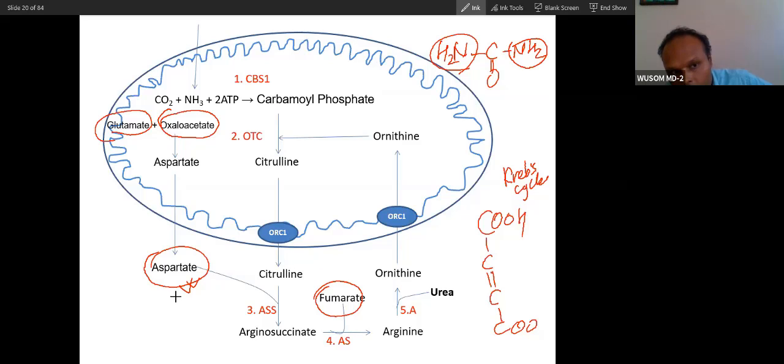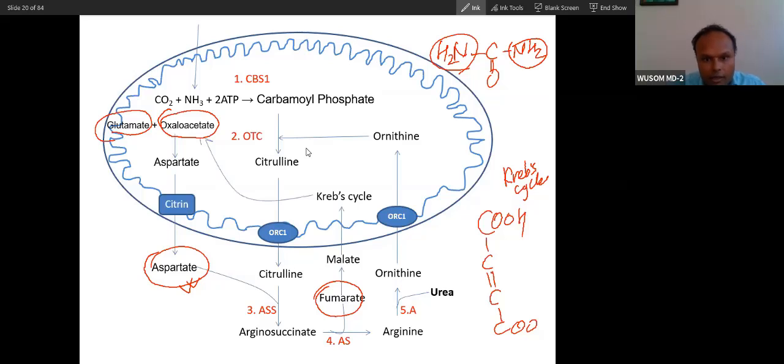So from the Krebs cycle, oxaloacetate is coming as aspartate, and then what results is fumarate, which is also going to join the Krebs cycle. Can you see the connection between the urea cycle and Krebs cycle? The Krebs cycle is supplying substrate as aspartate and taking fumarate again. So this is the connection between the Krebs cycle and the urea cycle.